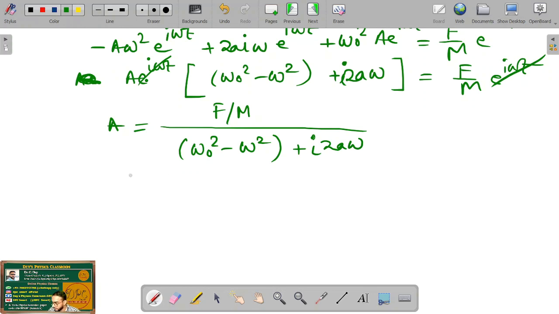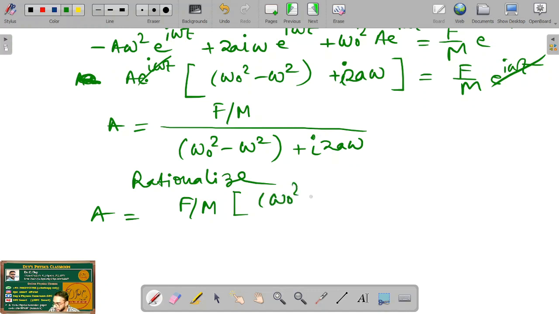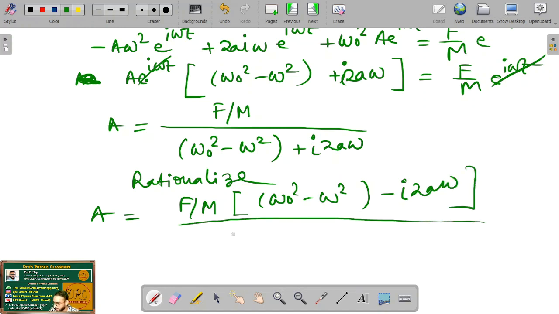Now we have to rationalize the expression. After rationalizing, we get A equals F by m times ω0² minus ω² minus i into 2aω, and in the denominator it would be ω0² minus ω² whole square plus 2aω whole square.